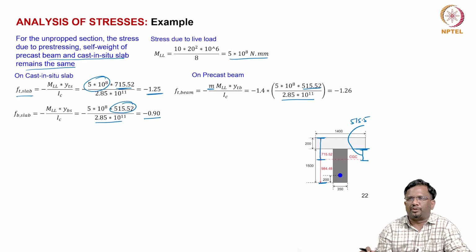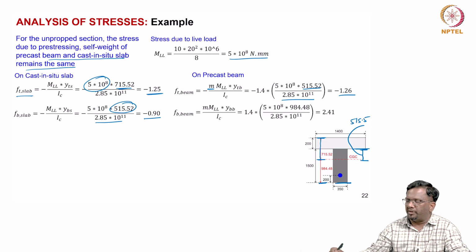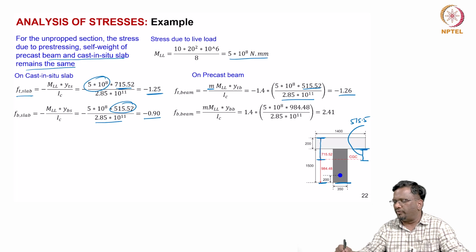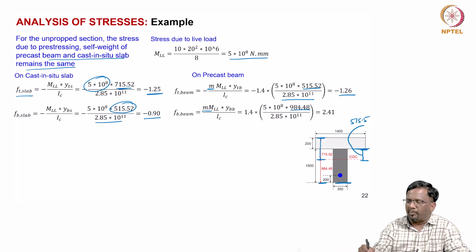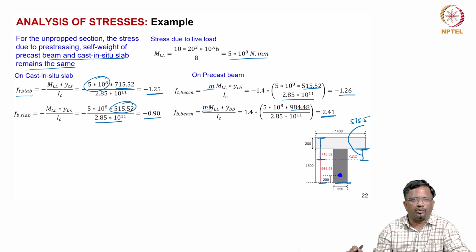If you substitute that, you get a stress of 1.26. Similarly, how about at the bottom of the beam? At the bottom of the beam, my distance is 984.48. Again I apply the modular ratio 1.4, so MLL by 2.85, and when you substitute that, you get a stress of plus 2.41.